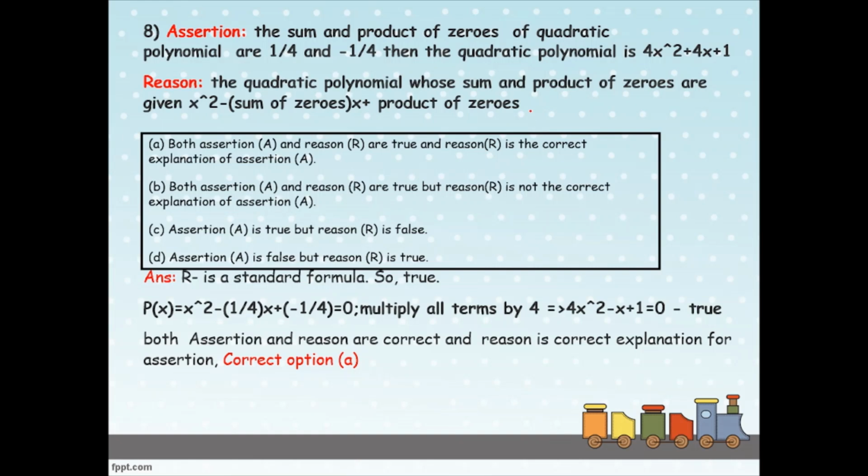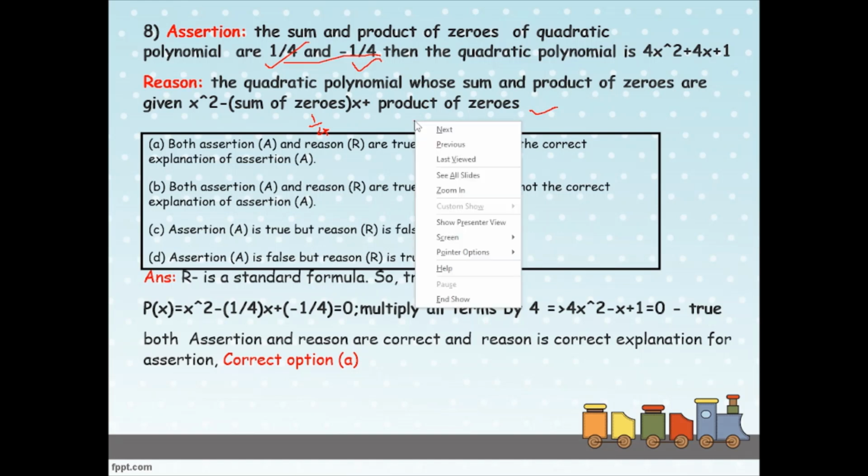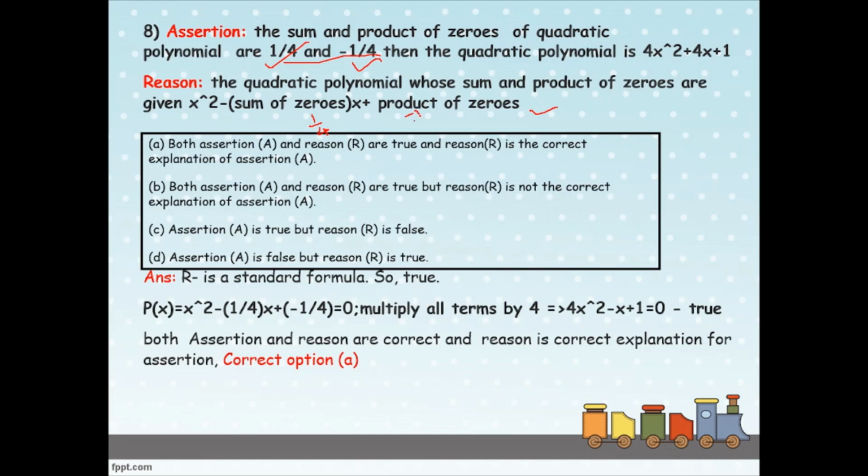Go for the assertion. They are telling the sum is 1 by 4 and the product is minus 1 by 4. So x square minus sum of zeros into x plus product of zeros. Here you substitute 1 by 4, and in the product you substitute minus 1 by 4. Both the terms have a denominator 4, so multiply by 4.